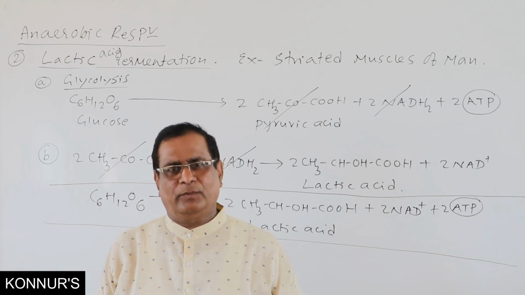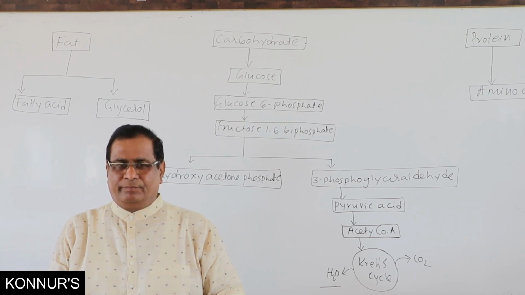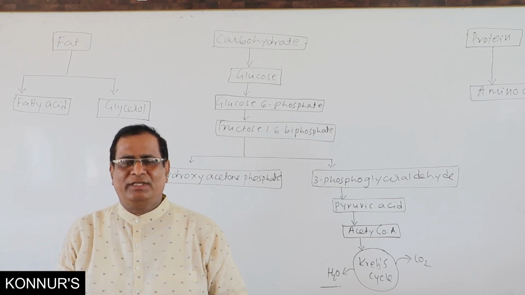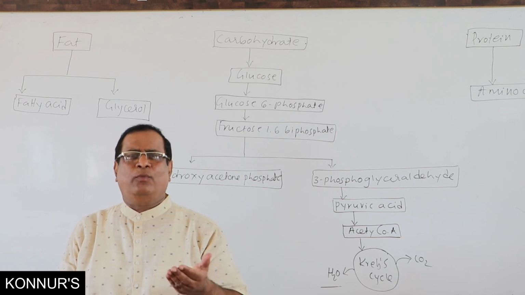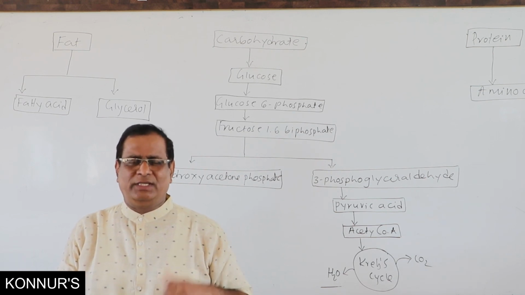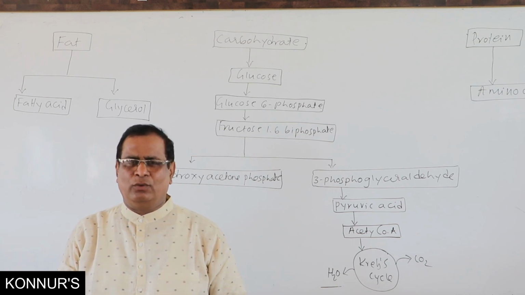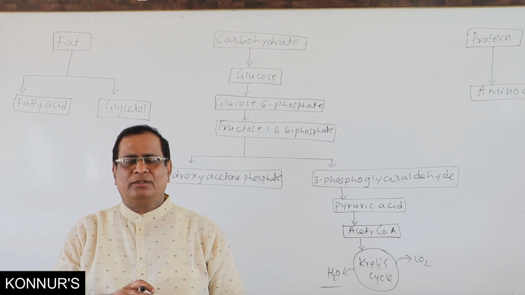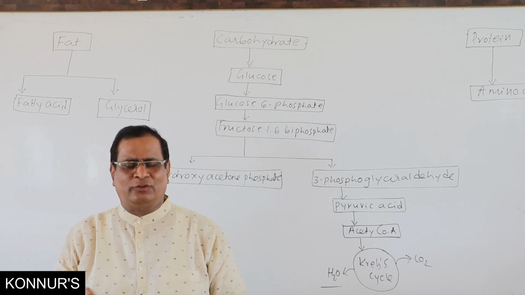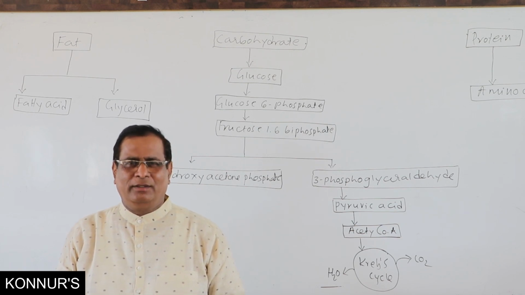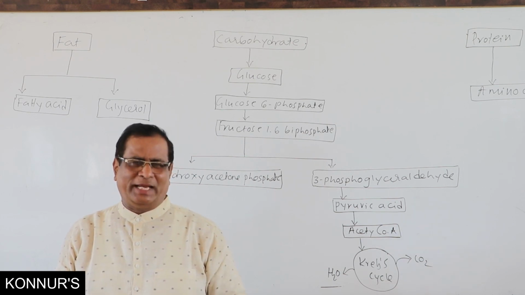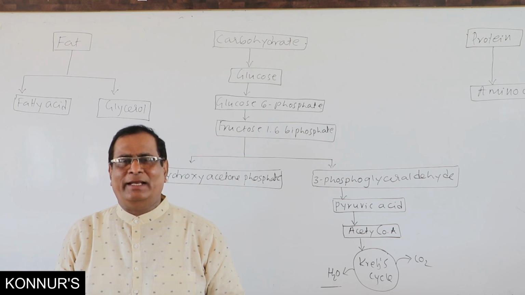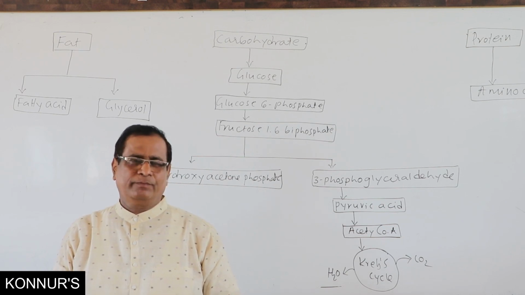That's all. In a biological system, carbohydrate is the main energy yielder. Whatever carbohydrate we take is digested and the end product is glucose, which enters into each and every cell through the blood, where it is an energy yielder. From that glucose we get energy in the form of ATPs.